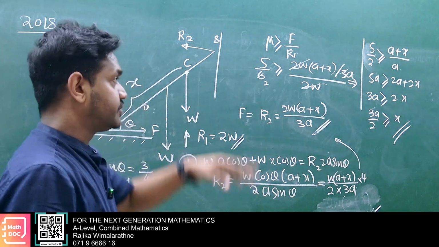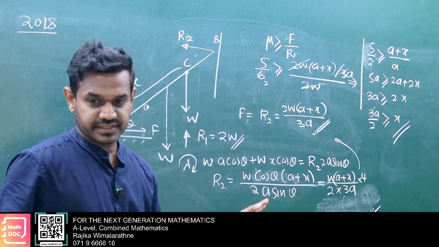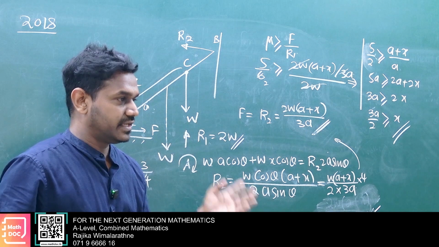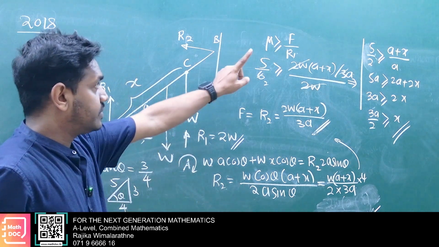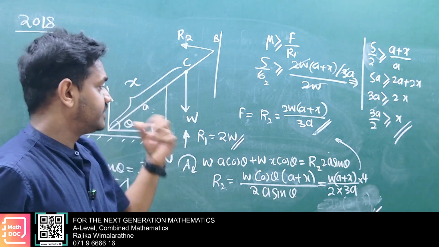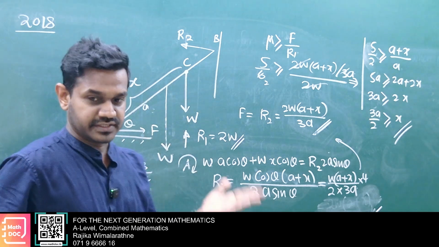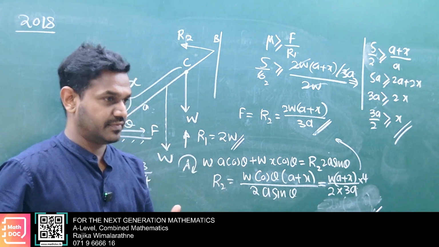Anyway, first you sketch the graph, mark forces, and the inequality is obtained by mu greater than or equal to F divided by R. Then to get that, we first need to find forces. Resolve and take moment. Resolve and take moment. That's it.